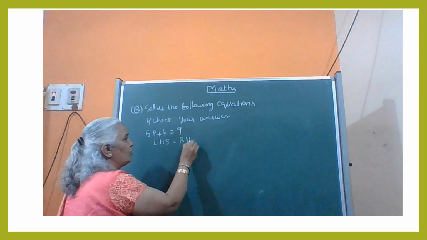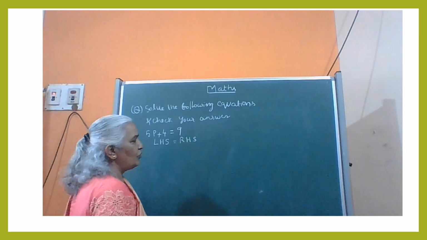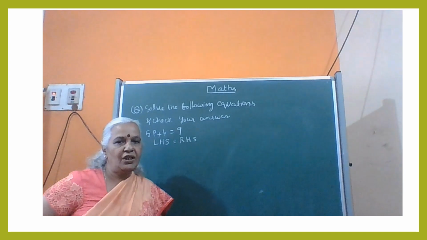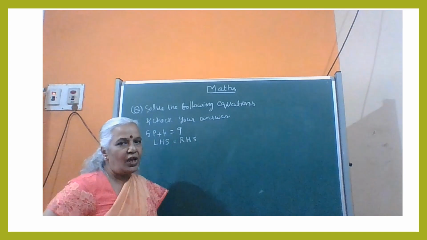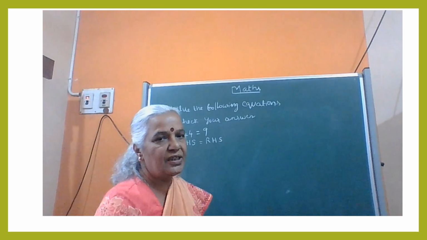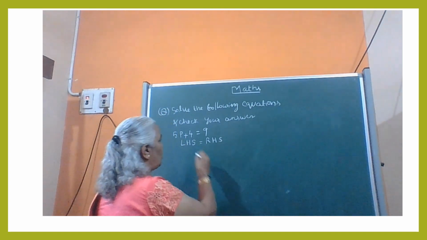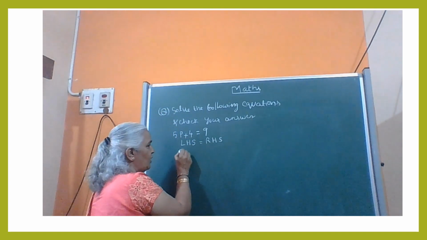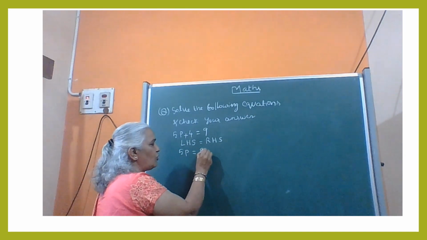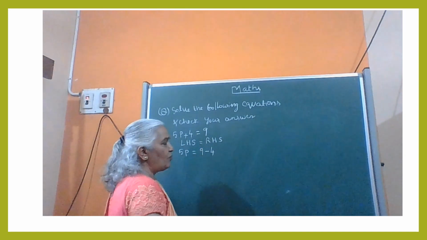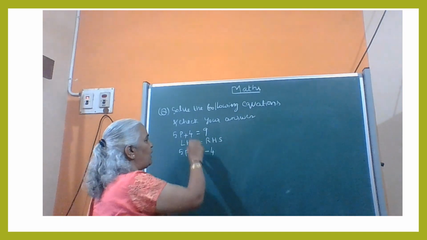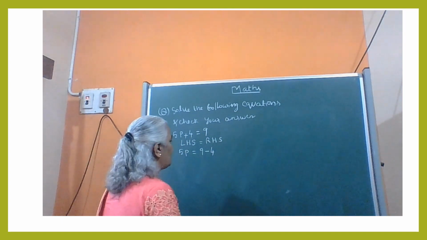it is 9. Now, the first step is to bring all the variables to one side and numbers to the other side by changing the sign. Now there is only one variable, that is 5p, and the constant, send it to the other side, it will become 9 minus 4, and the plus sign has become minus sign.